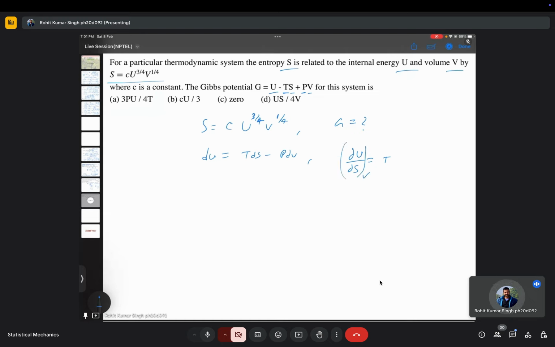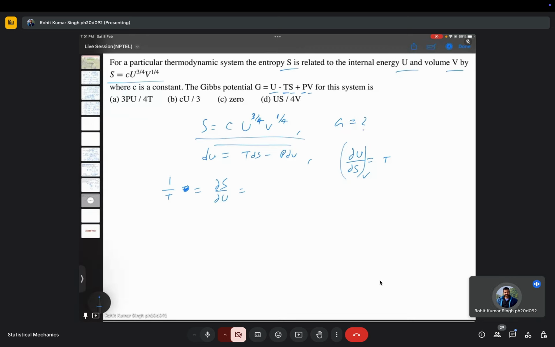But since we have S as a function of U, we can invert it and write 1 over T is equal to del S over del U. Then we just differentiate it.